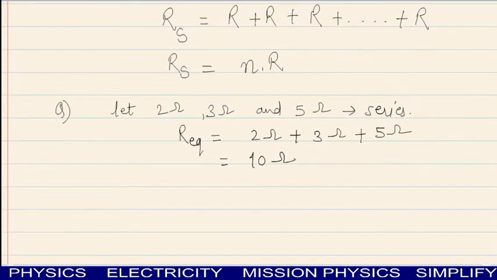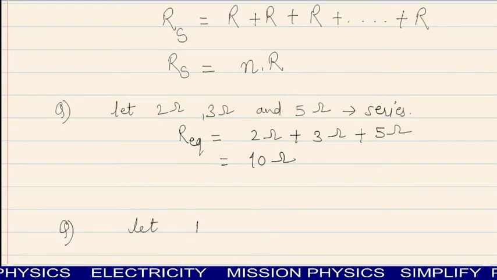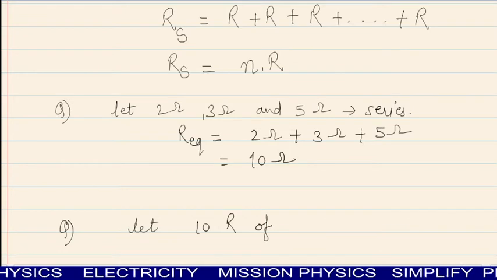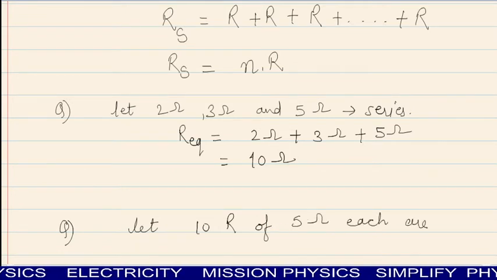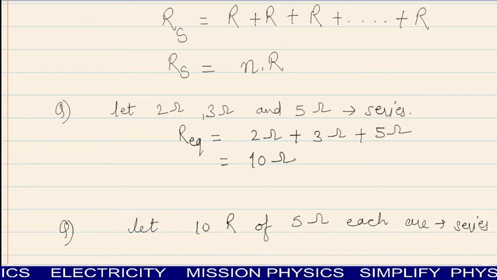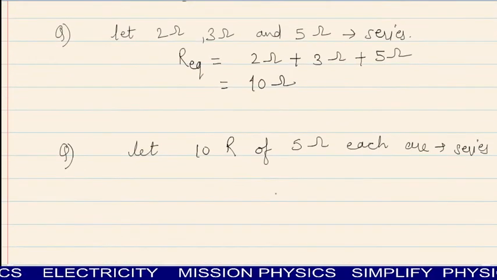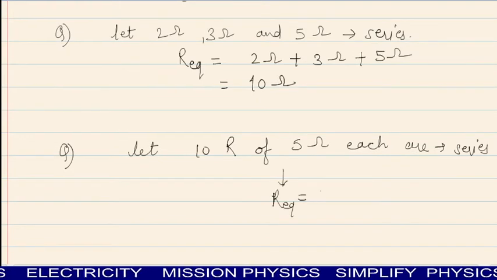ठीक, अब एक क्वेश्चन करते हैं हम आइडेंटिकल रेजिस्टर्स का। Let 10 resistors of 5 ohm each are connected in series, then what is the equivalent resistance? R equivalent unknown है.